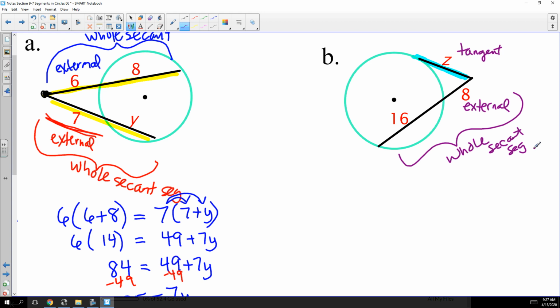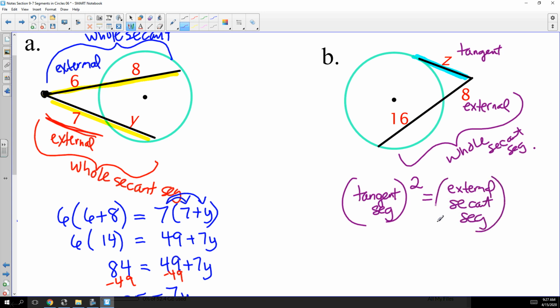It's a good idea to label everything as best you can. Okay, and remember that the theorem from the previous page says that a tangent segment squared is equal to the external secant segment times the whole secant segment.